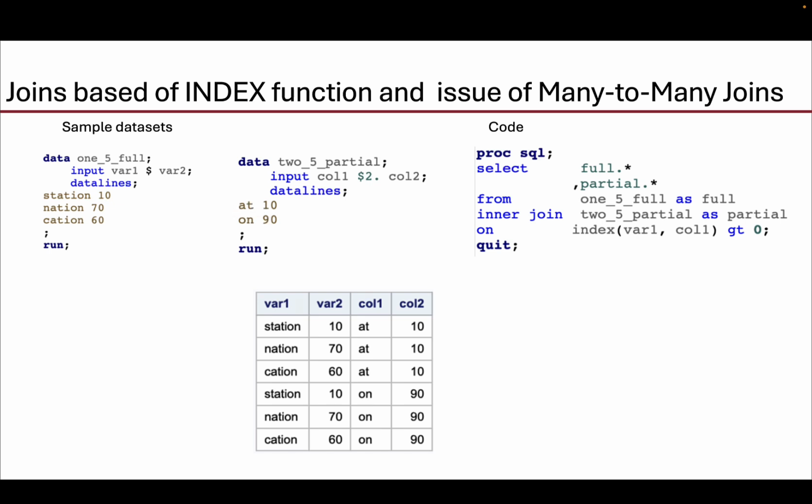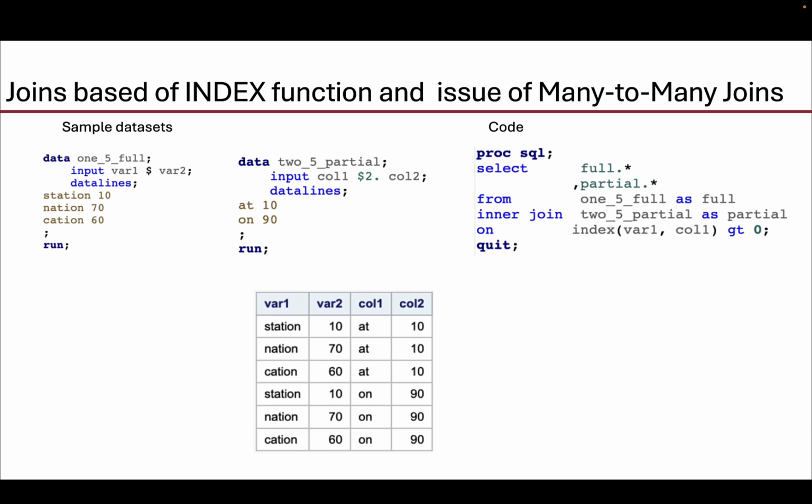This join can be simply done something like this, wherein I'm saying 1_5_full as full join 2_5_partial, and here the on condition I am giving is a little different. What I'm saying is index(var1, call1) greater than 0. So whenever this call1 is found in var1, meaning this partial string is found in the full string in here, then do a join.